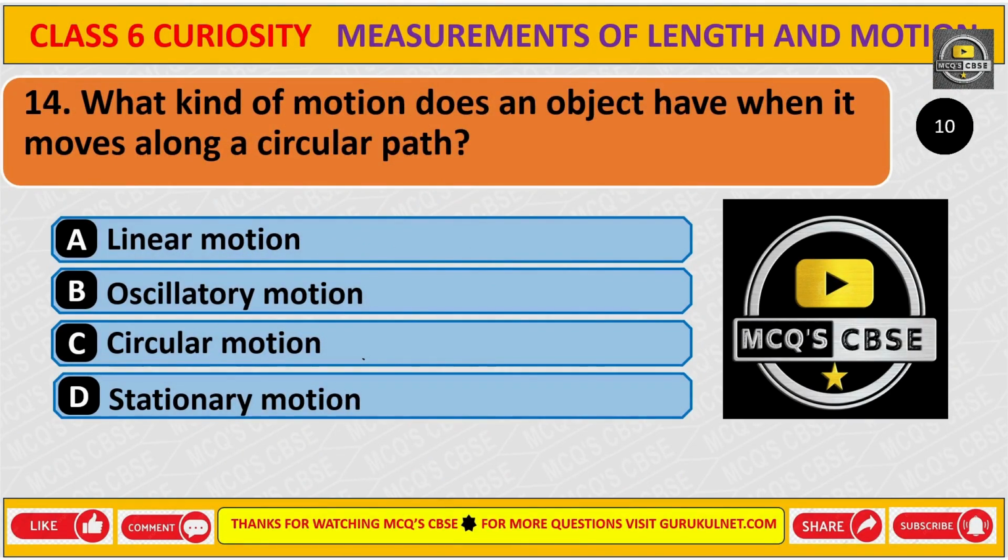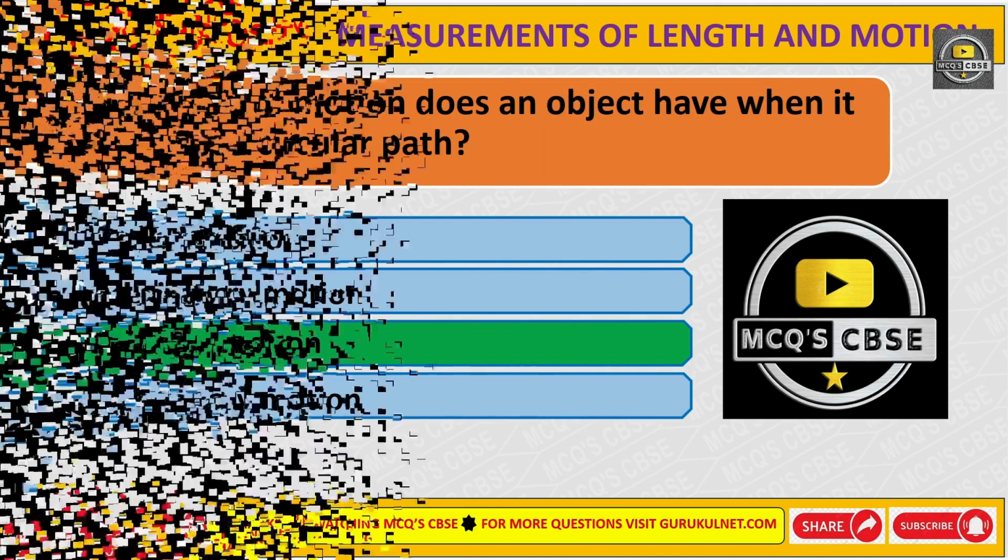What kind of motion does an object have when it moves along a circular path? And the correct answer is C, circular motion.